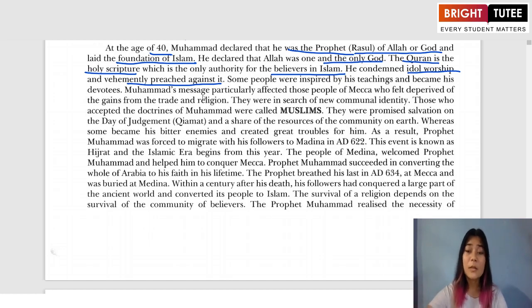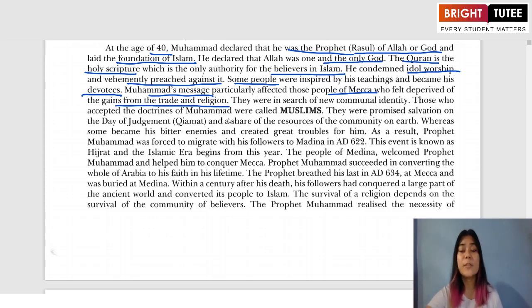Now, Prophet Muhammad and his teachings inspired a large group of people from Arabia, and these people became his devotees, his followers. Muhammad's message affected particularly those people of Mecca who felt deprived of the gains from trade and religion. It influenced those people who were not doing so well, who were not privileged, or who did not have access to proper trade and religion.